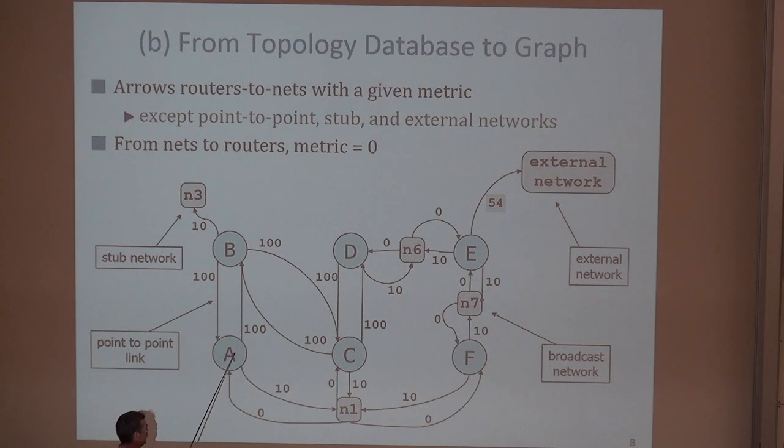So this is, for example, how A, C, and F will know that they're connected to N1. We do that because in a graph, you have only binary relationships between nodes, whereas here, we would need a ternary relationship because A, C, and F are all connected to the same network. So you build this graph, and then you perform a best path computation.